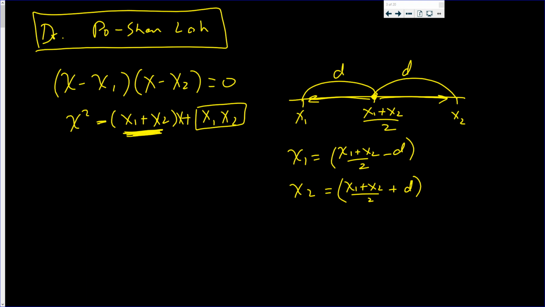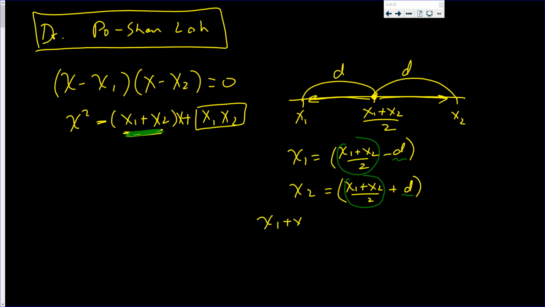Now, if you think about this, we know what the average is because you can read off their sum, just divide by 2. So if we can find d, that would be it. Just take the average and take away d and add d. Well, we know one more thing.